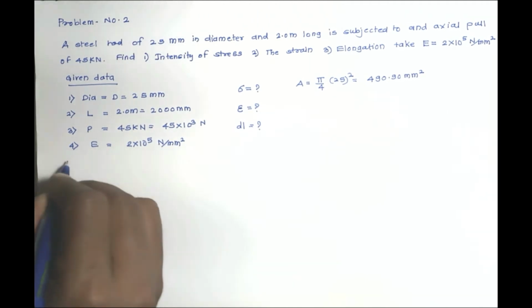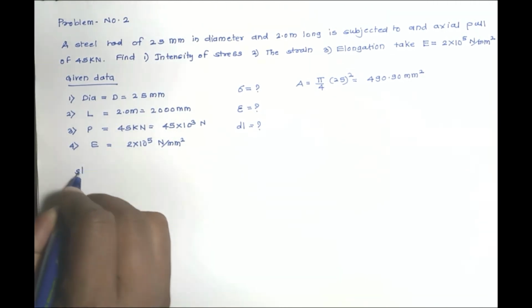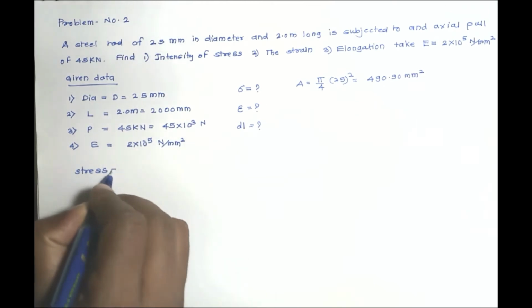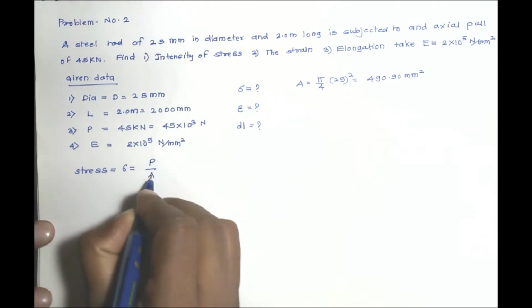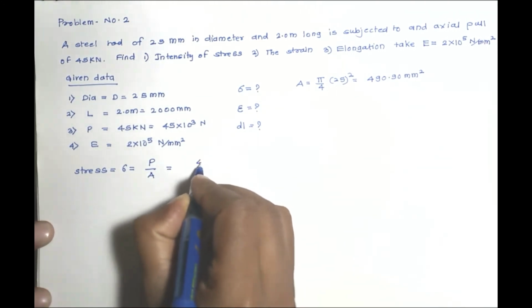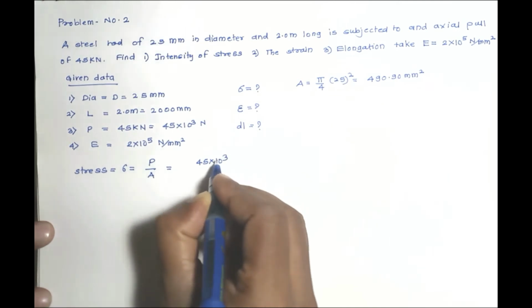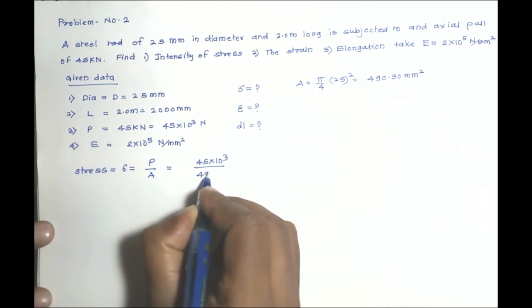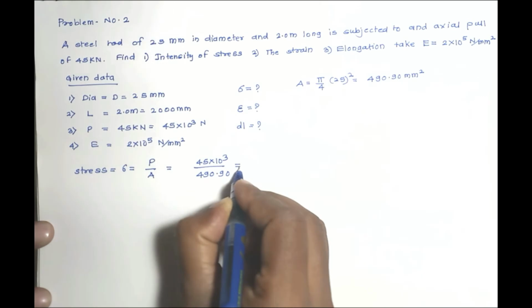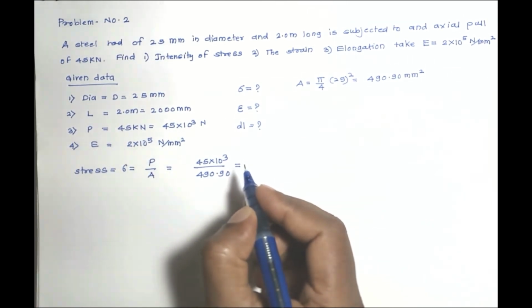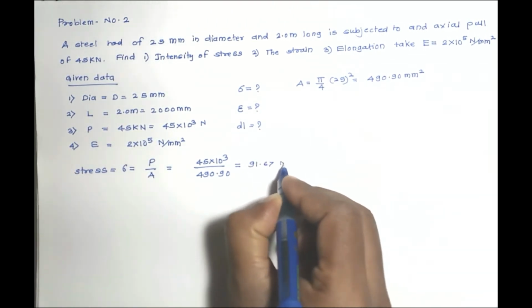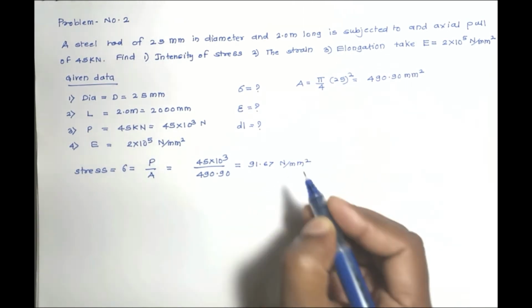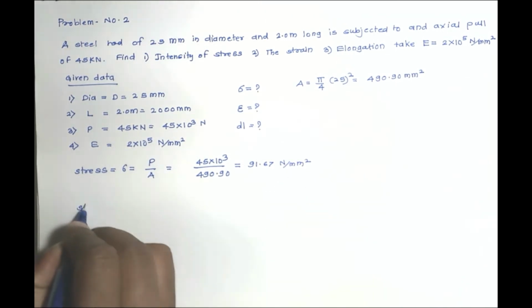So first one is stress, which is equal to load divided by area, P divided by A. So it is equal to P, 45 into 10 to the power 3, divided by area, 490.90. If you calculate this you will get 91.67 Newton per millimeter square.